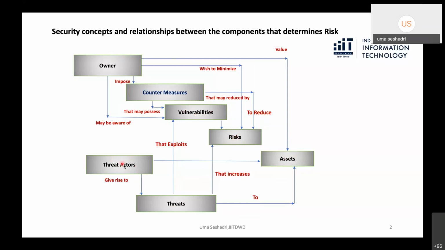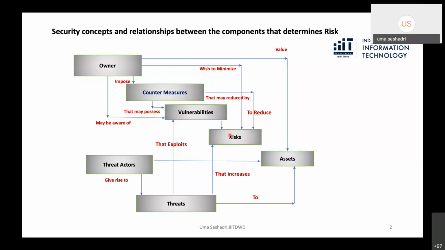So these actors use various kinds of threats to exploit the system because there are weaknesses. Weaknesses are nothing but the risk in the system this owner is taking. So they exploit those risks, and then they will spoil the system, deactivate the system, harm the system, or even bring down the reputation of the owner himself.